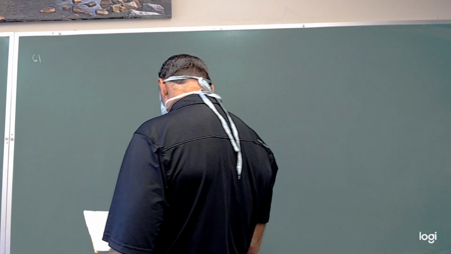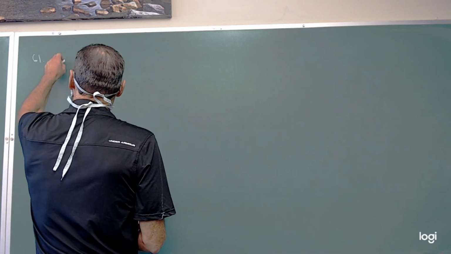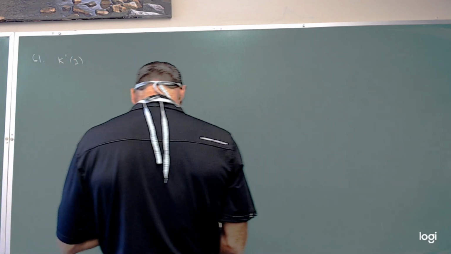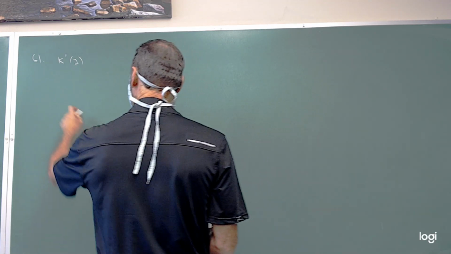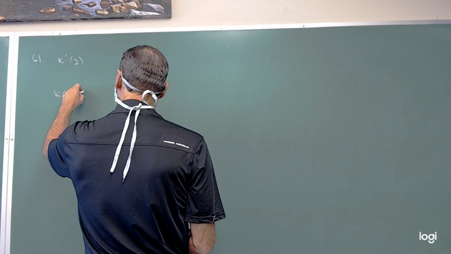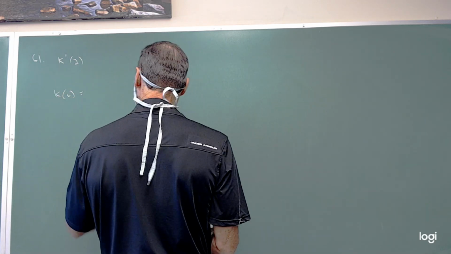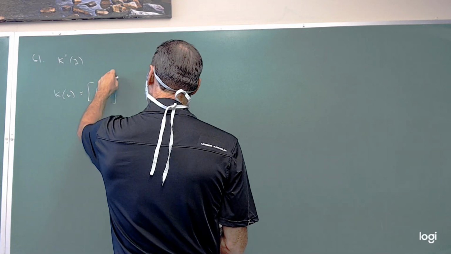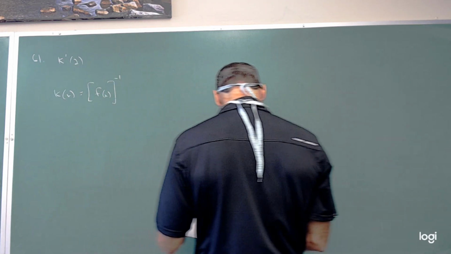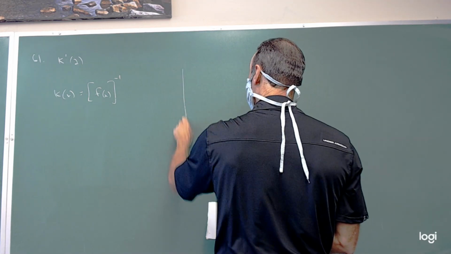So we've got k prime of 2 is what we're trying to find, and k of x is f of x to the negative 1 power. And we're given a graph, I think, of f of x.